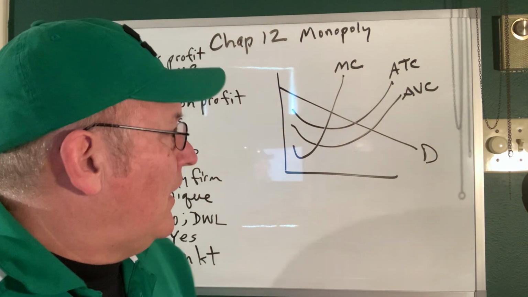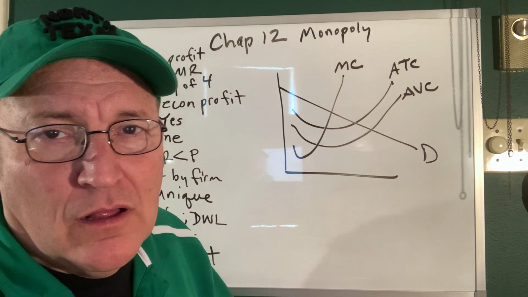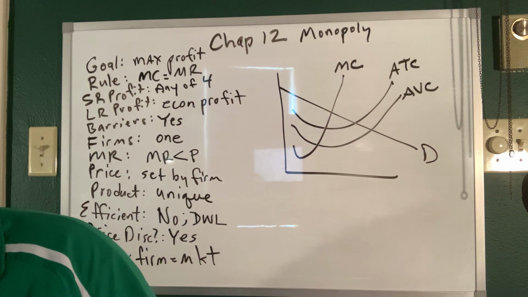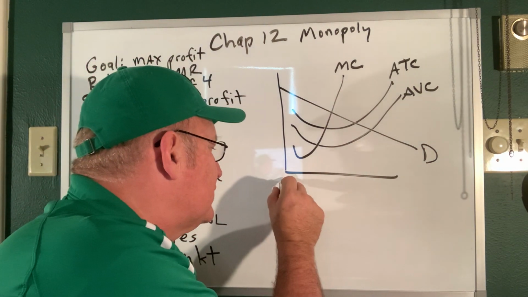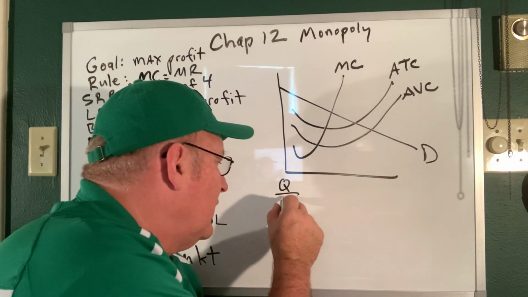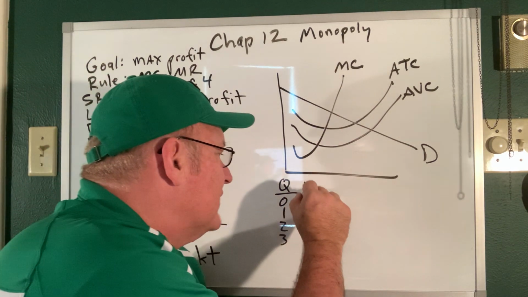And what does marginal revenue look like in this case? Well, let's do a quick little schedule here. So we have some quantity, and we'll just say 0, 1, 2, 3, and we have some price.